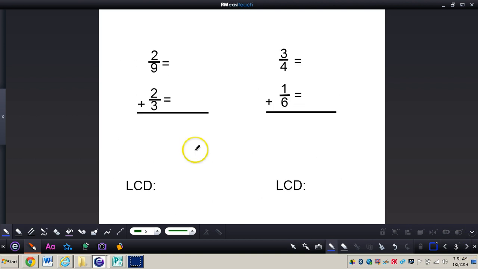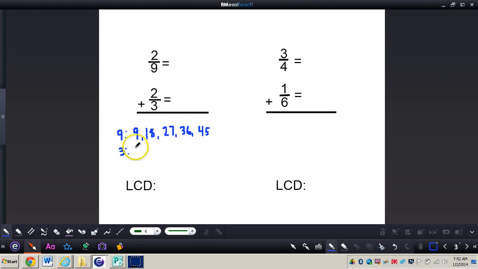Okay, I'll do some more of these problems for you, and then I'll have you join in just a couple steps here. Okay, so we have 2/9 plus 2/3. First of all, I'm going to find my LCD. So I will write my 9 and my 3. I'm going to skip count by 9, the first 5 multiples of 9, so 9, 18, 27, 36, 45.